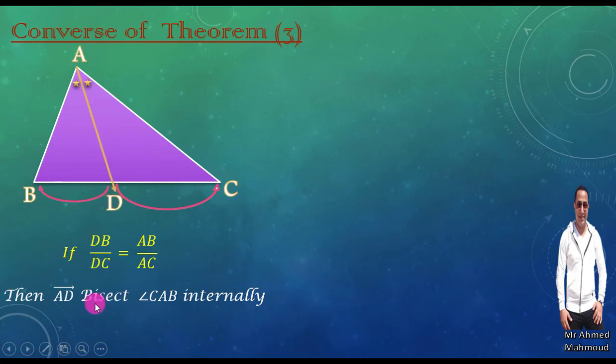We use this ratio to prove that AD bisects angle A.